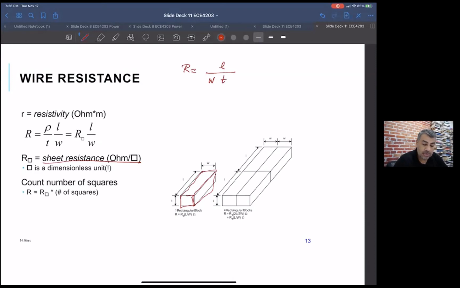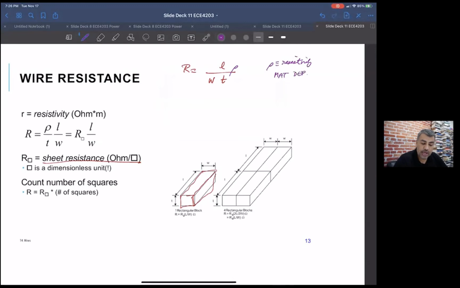So this is the geometrical thing, length over width times thickness, which is proportional to resistance. And then you have to throw in the resistivity also. So rho is resistivity, and it's material dependent.